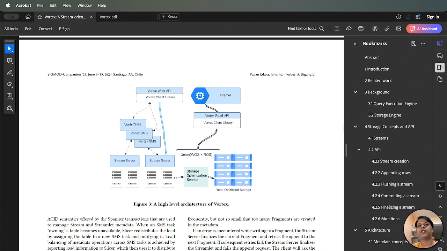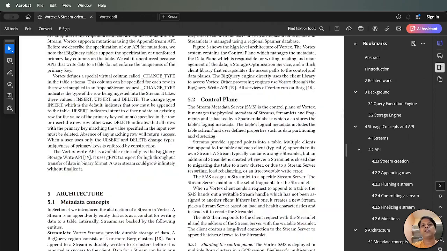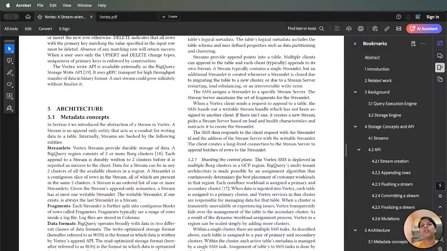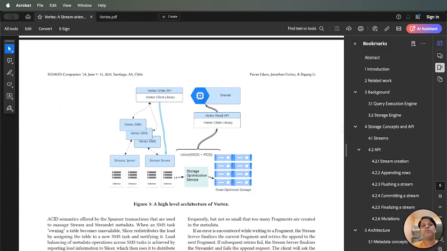Distributed computing, simple. The request comes in from write, and it goes to a large number of SMS, Vortex SMS as they call it, the stream metadata server, through which it coordinates all of that. But the actual writing of log fragments happens at the stream server, and they are stored on Colossus.